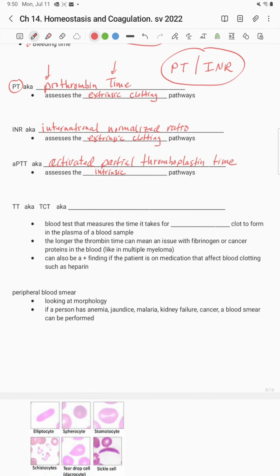The TT, also known as TCT, is thrombin time, or thrombin clotting time.